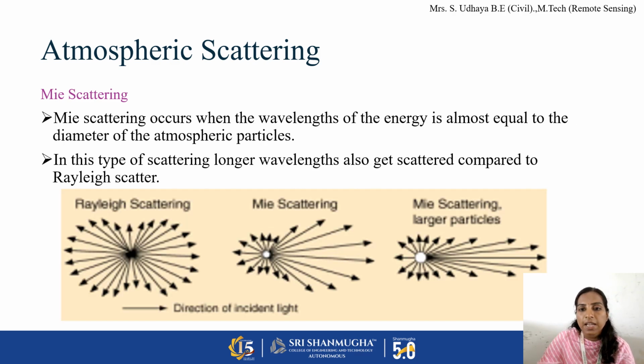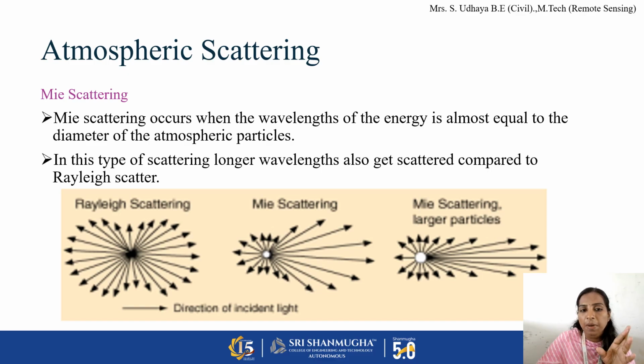The second type of scattering is Mie scattering. In this scattering, the size of the particle causing scattering is almost equal to the wavelength of the incident radiation. Here the particle size and the incident radiation are the same. You can see in the image Rayleigh scattering, Mie scattering, and non-selective scattering.